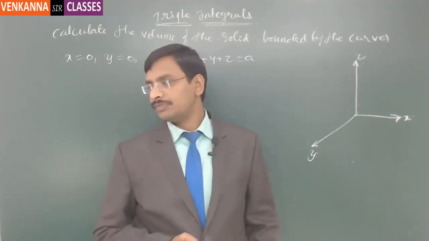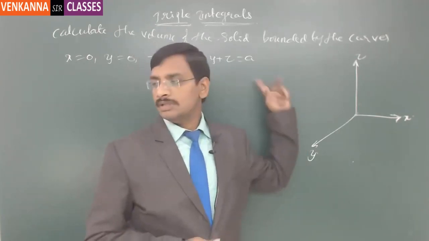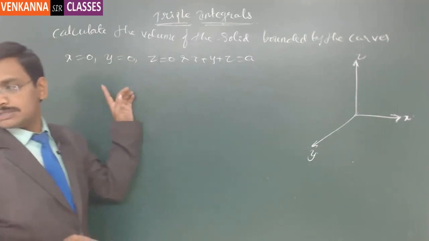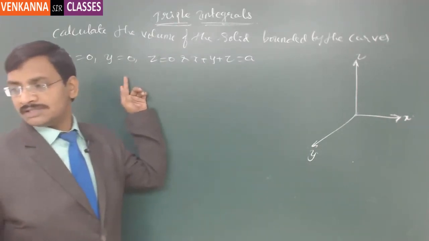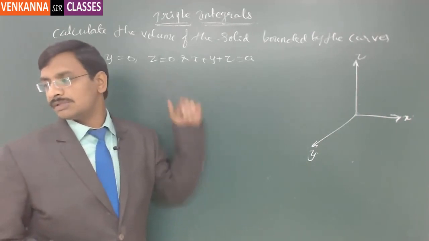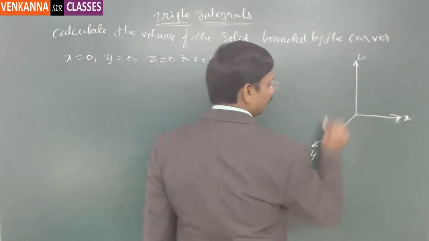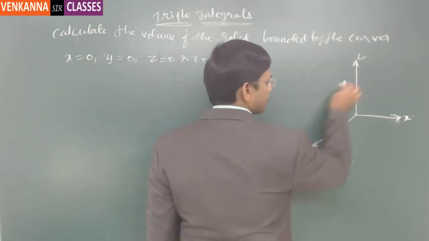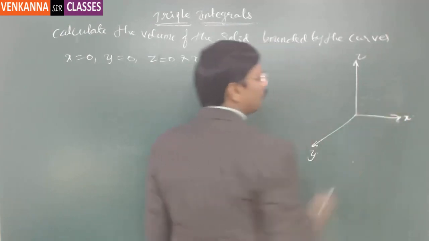So here, okay, great. Once you understand that fact, we have got three different planes. The x is equal to 0 plane is the yz plane, y is equal to 0 means the xz plane, and z is equal to 0 means the xy plane. So the volume is bounded by these planes.